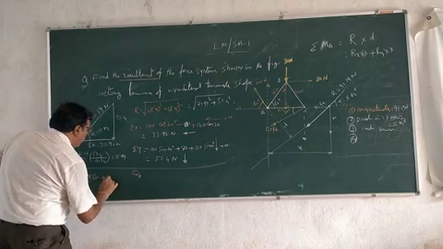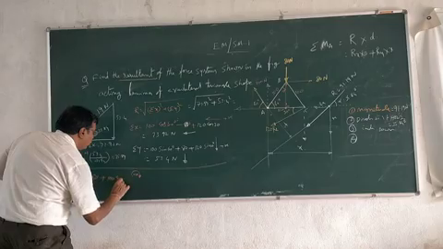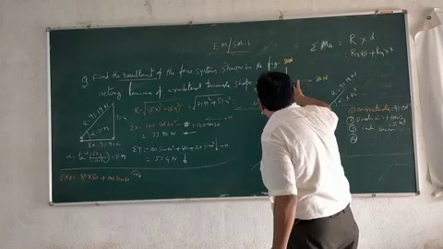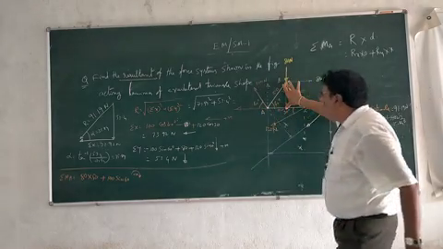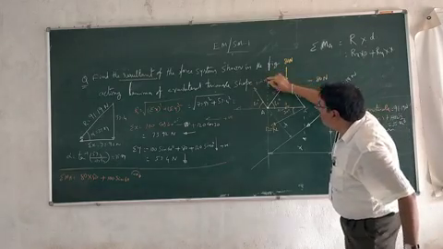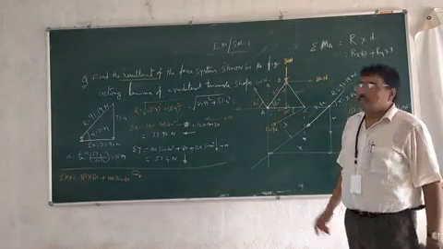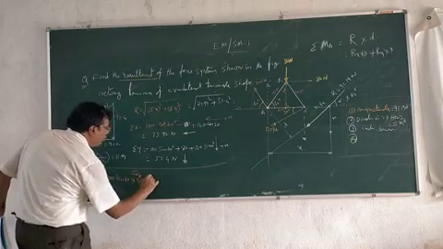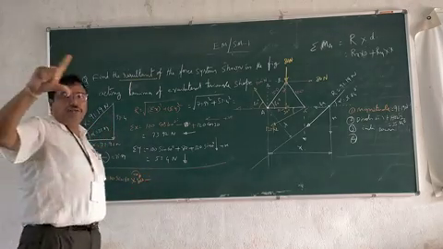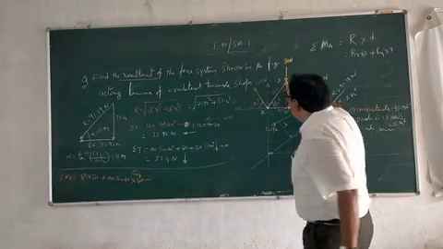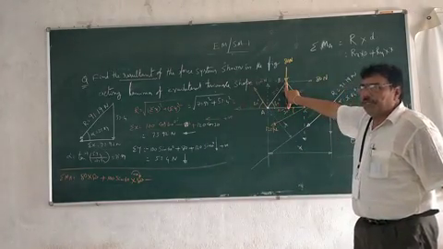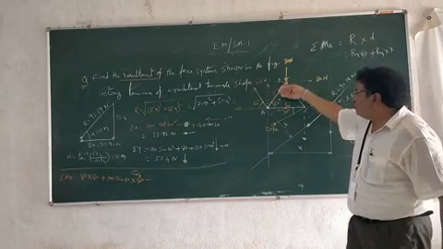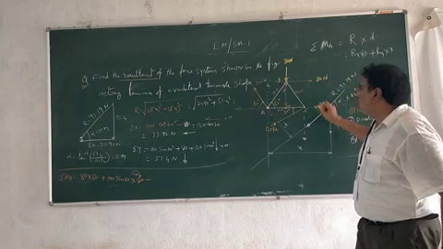This 100 sin 60 is the perpendicular distance of this force from the moment center, and force is 80. Understand all of you? Force is 80, perpendicular distance is 100 sin 60.